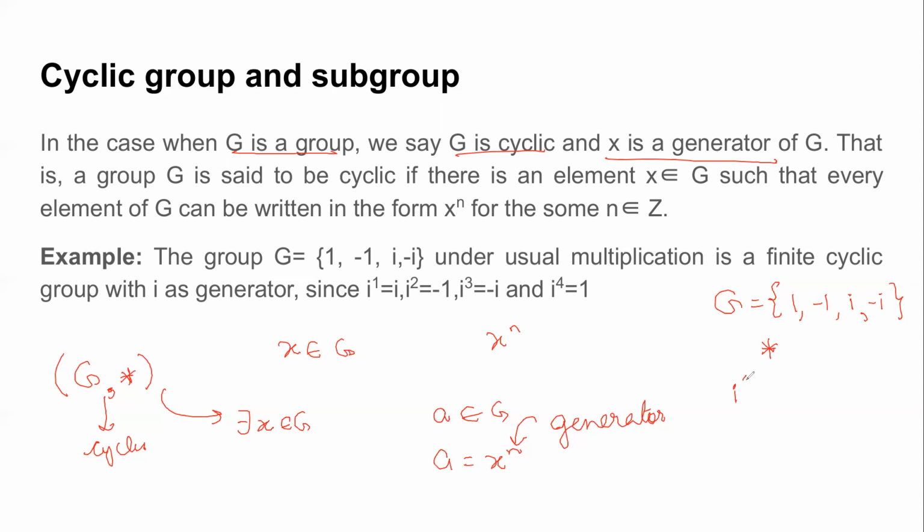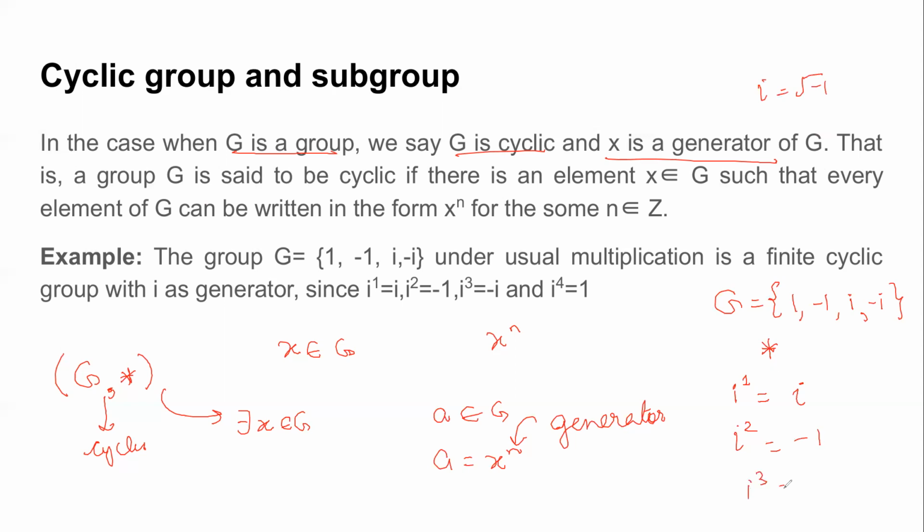If you consider iota and its different powers, you will generate all the other members of this group. So if I raise iota to power 1, I have iota back. If I do iota square, what is it equal to? Remember, iota is your square root of minus 1, right? It's minus 1.